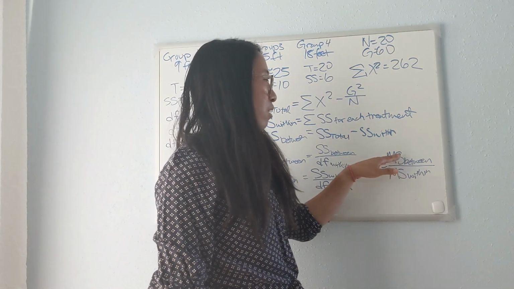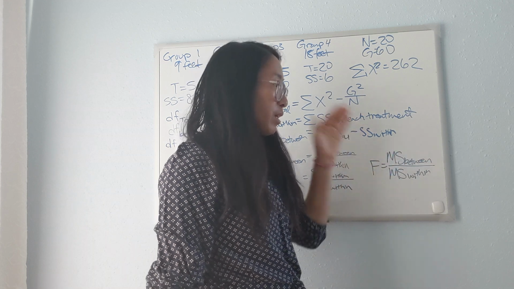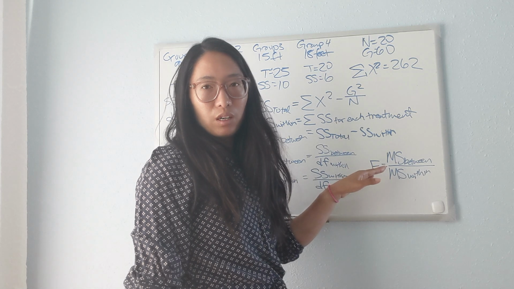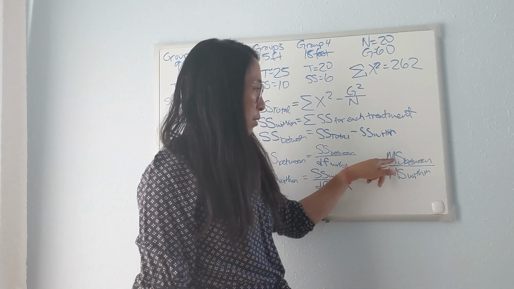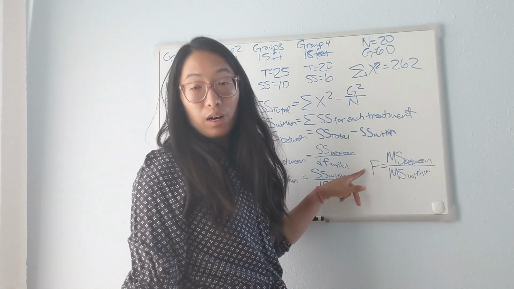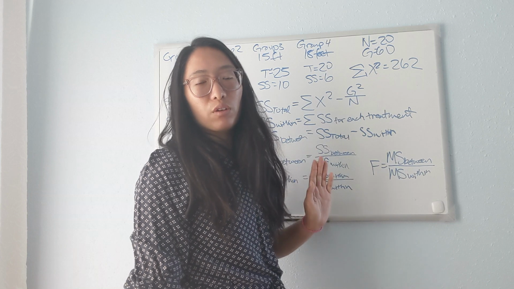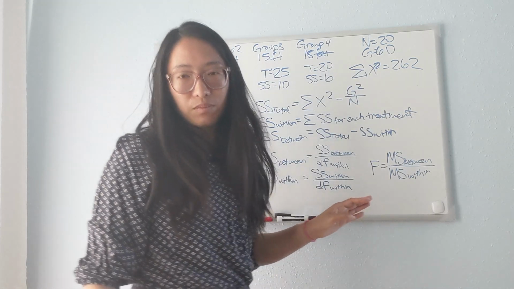But when you have a treatment effect, then this numerator will be much larger. So when this goes up, your F value will also go up, and so it will be further away from 1. The larger the effect of your treatment, the larger your F value will be.